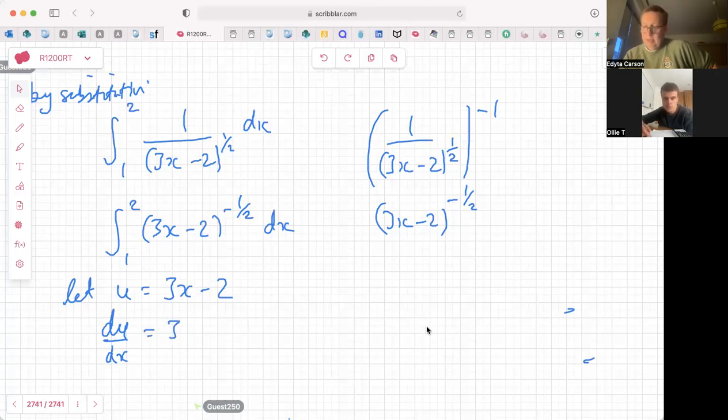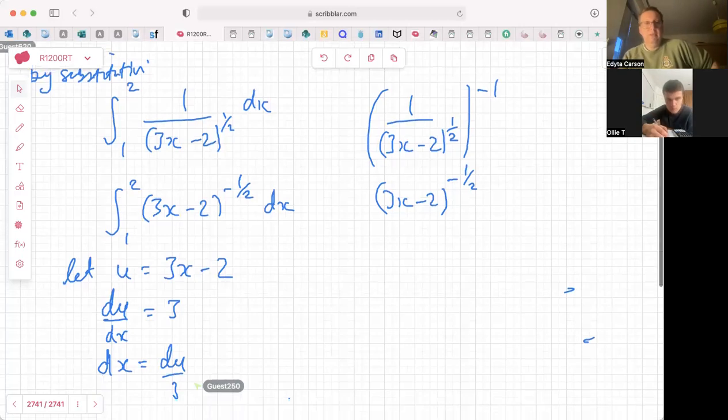So to substitute du in there, we notice that dx is du divided by 3. I can get rid of the dx and replace it with du divided by 3. Now the whole thing's in terms of u: u to the power minus 1/2, du divided by 3, which is fine.